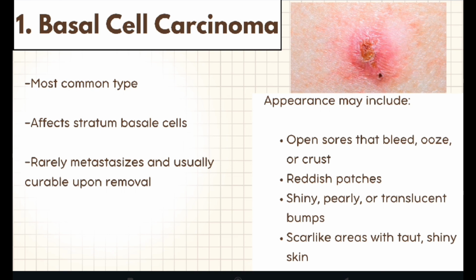On the arms, leg, and torso, this appears like a flat spot that's pink, red, or brown. Sometimes it could be rough or crusty. Basal cell carcinoma grows slowly and rarely spreads, and it's highly treatable with early detection through surgery or topical treatments.